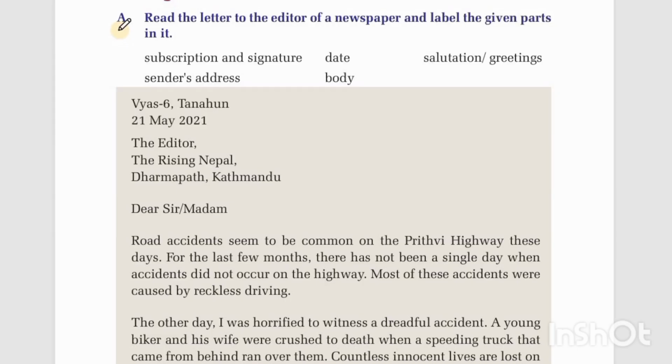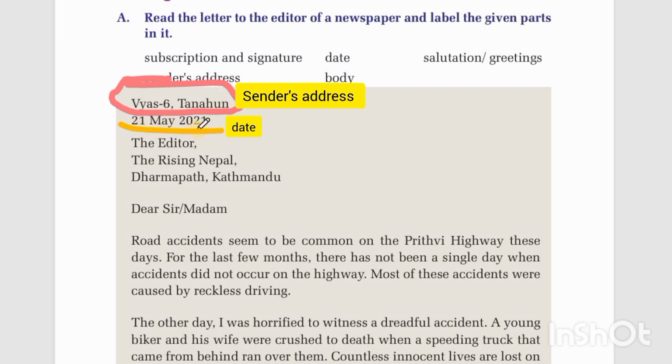Writing task A. Read the letter to the editor of a newspaper and label the given parts in it. Well, label means to categorize. Bias 6, Tanahu. This is sender's address. 21st May 2021. This is date.